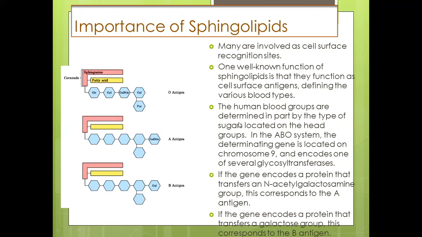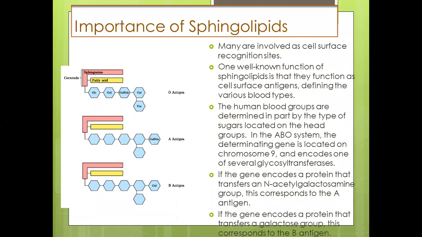The human blood groups are determined in part by the type of sugars located in the head group. So in the ABO system, the determining gene is located in the DNA. If you reach into the DNA topic in your biology, you can have the determining gene for the blood type. It can encode different antigens.